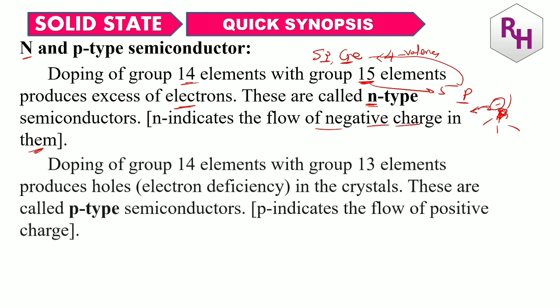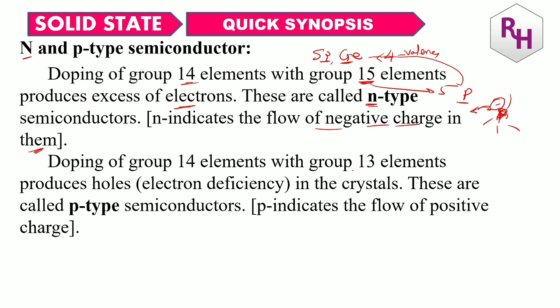Similarly, P type means, remember, group 14 with 4 valency is replaced by group 13, where valence electrons are 3. Now what happens? Silicon can form 4 bonds, but this can form only 3, and in place of the fourth bond it will form a positive hole. Remember, positive hole.